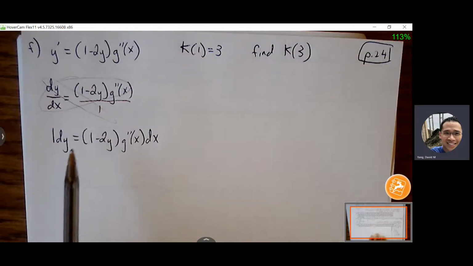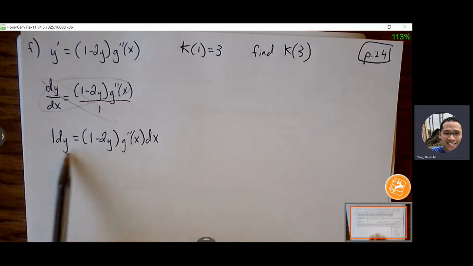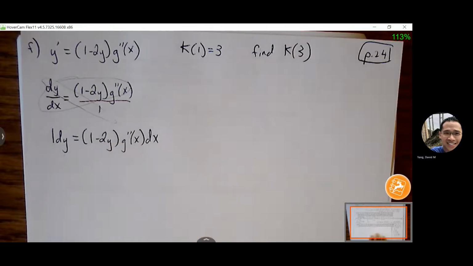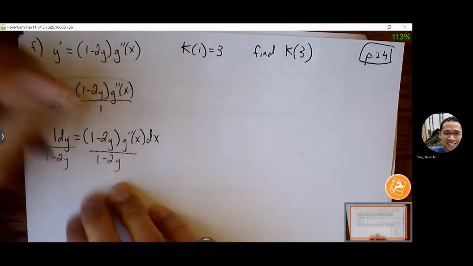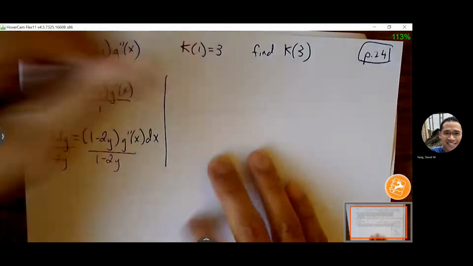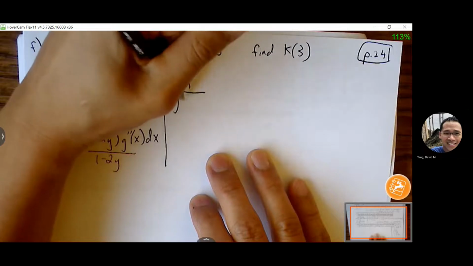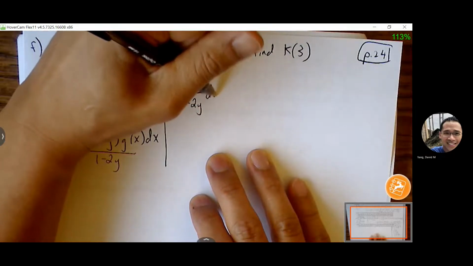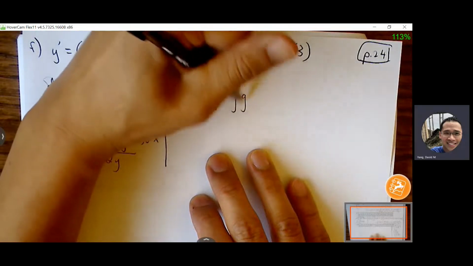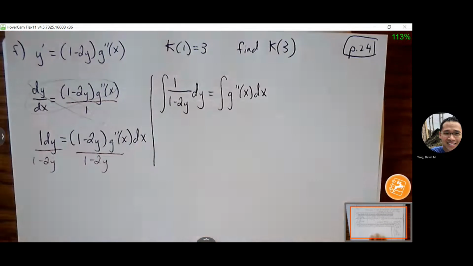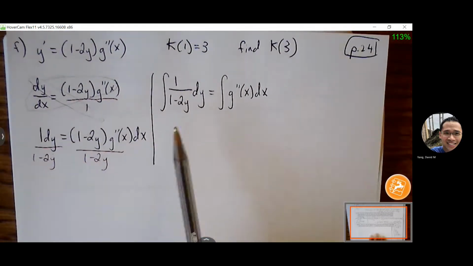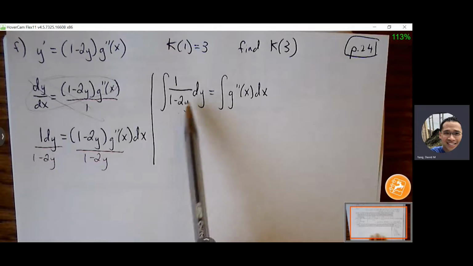The only thing out of place I see is this 1 minus 2y. I'll move that over, divide that 1 minus 2y over. Use substitution. There's going to be some leftover coefficient we have to keep track of here, though.